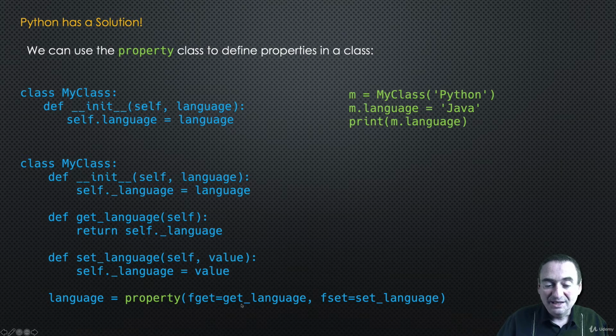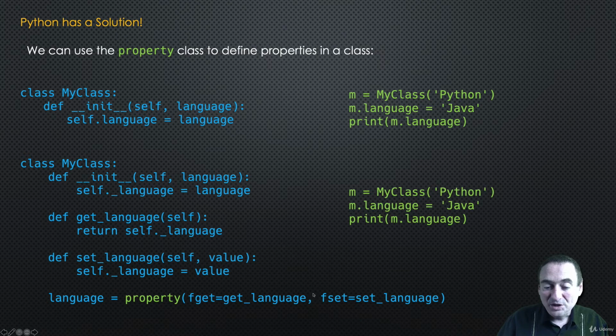So this is the getLanguage, right? This is what we were doing before. So this portion of the class is no different than what we had before. The only difference now is that I've made this language, which is now a bare attribute on the class. This is a class attribute, but it happens to be this special object, this property object. And then the fset is the setLanguage.